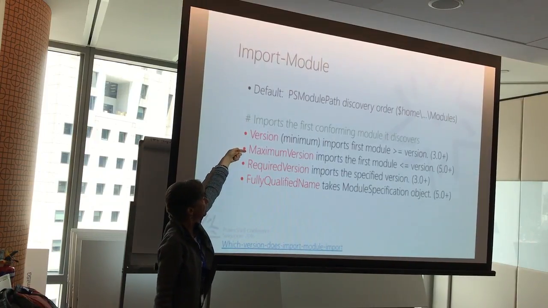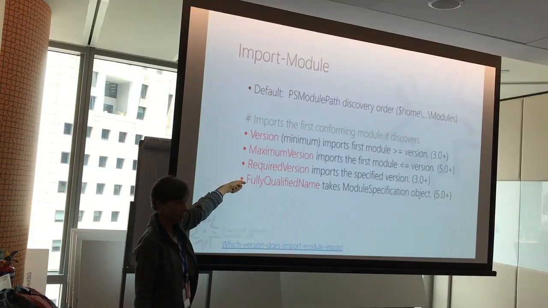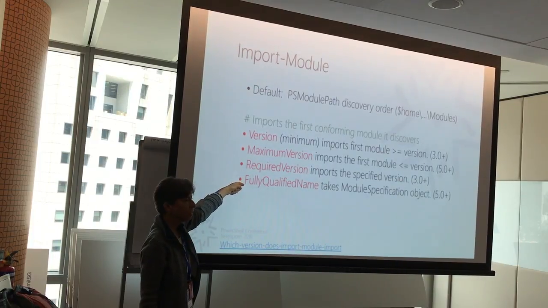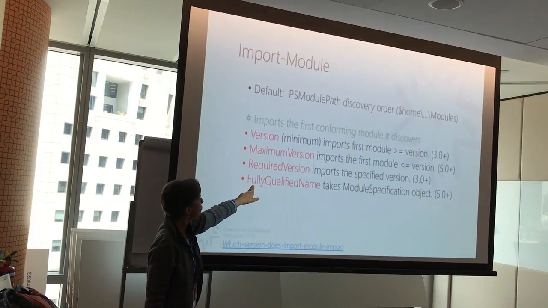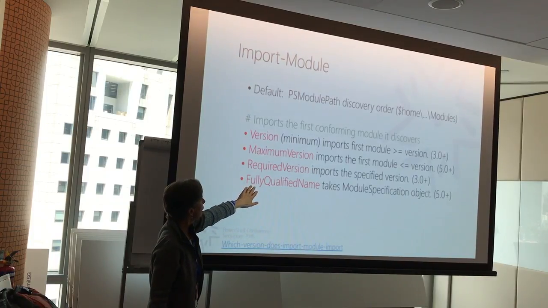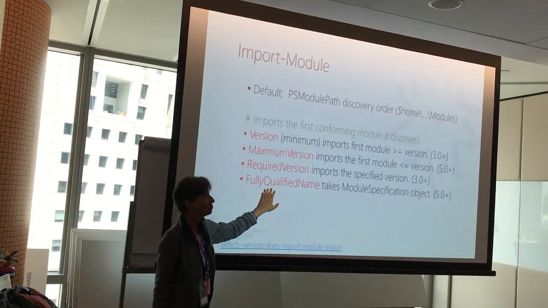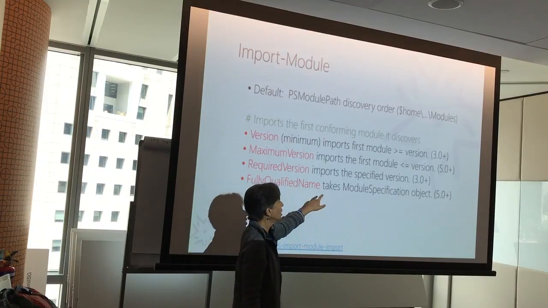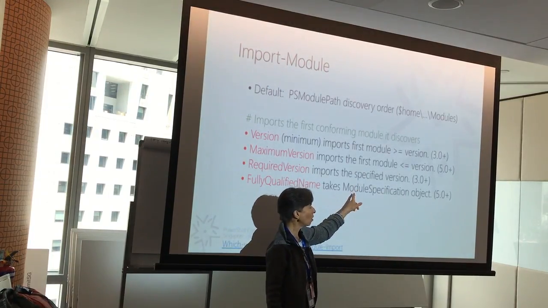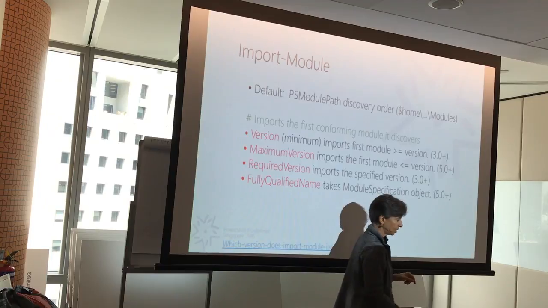Note that this one was added in PowerShell 5, and this one was added in PowerShell 5. The way the PowerShell team is doing it, these parameters that start with fully qualified name and fully qualified module almost always take, or so far, always take a module specification object. That's your hint.